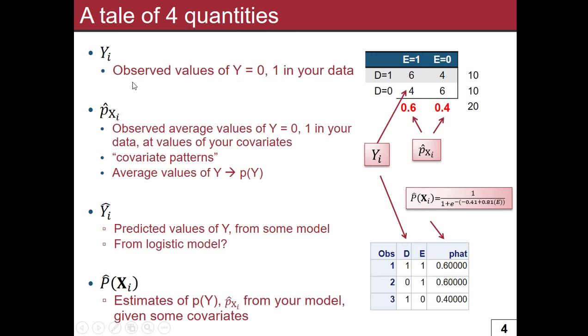All that's to say is: observed data, the observed average value of the data, and this is predicted 0, 1s, and this is predicted probabilities. So these are paired ideas. And we're going to use these 4 ideas to talk about goodness of fit. This one, the y hat sub i's, is a little more theoretical, and we're just going to dive in with all this.